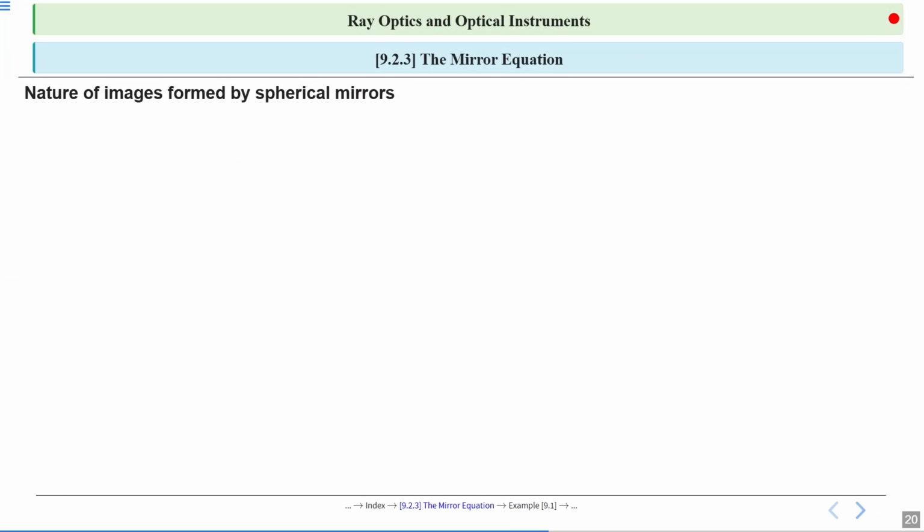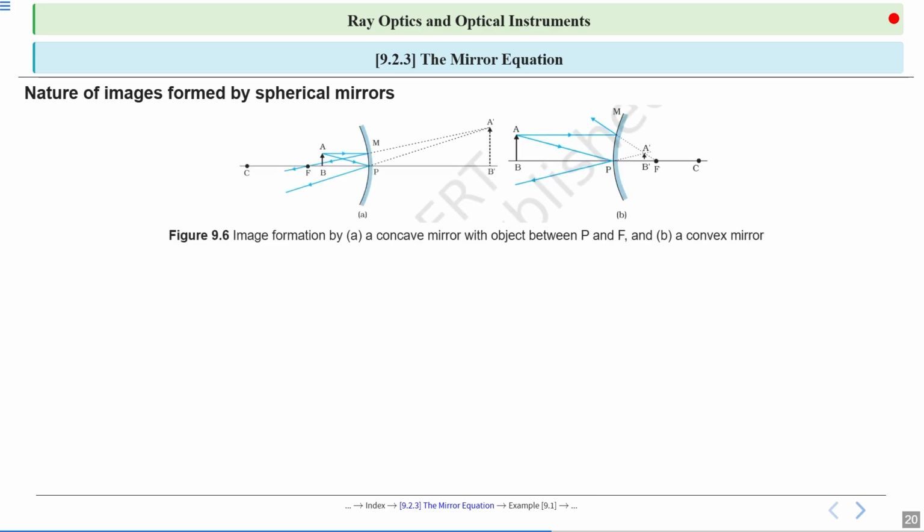Now, the nature of the image formed by the spherical mirror. So these are figure 9.6, image formation by a concave mirror with the object between P and F, and a convex mirror. Now you can see the case of virtual images shown for the concave mirror. When the object is placed between pole and focus, then the image formed is virtual, according to this ray diagram.